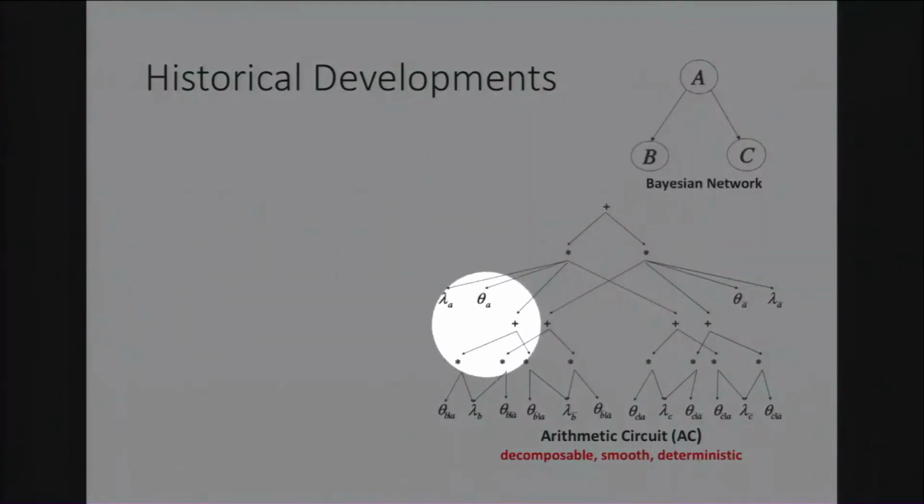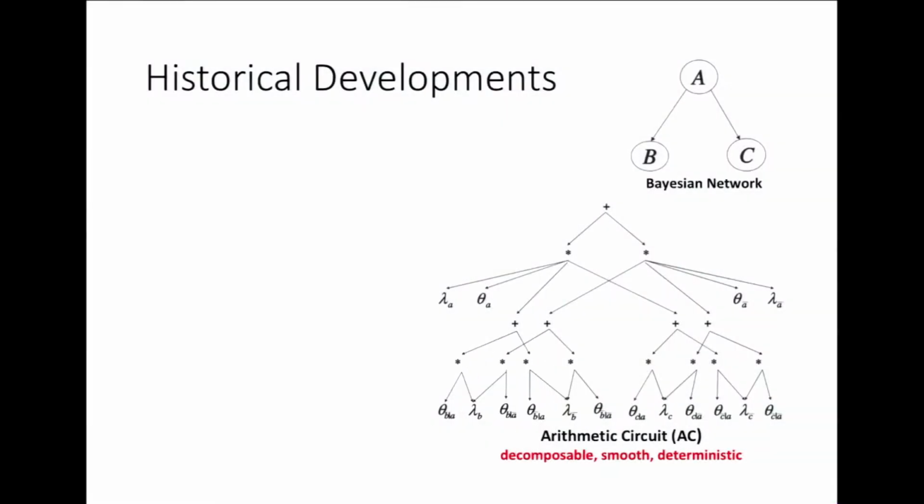We captured that using an arithmetic circuit, or an AC, and as we've seen, it had the properties of decomposability, smoothness, and determinism. Around 2000, when this was proposed, the main paper on this appeared in the Journal of the ACM in 2003, which also happens to be the content of chapter 12 in your book. The story so far has been a story of inference, meaning I'm taking the graphical model, the Bayesian network, and compiling it to circuits so that I can do inference on it.